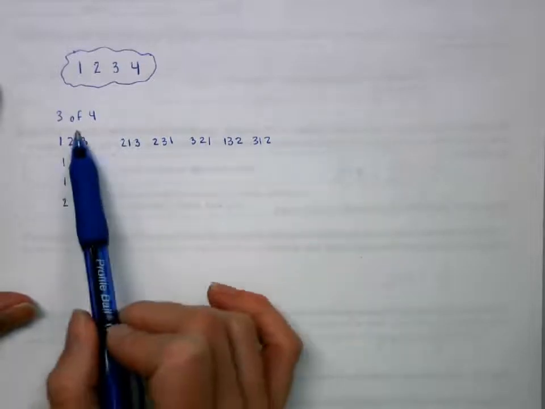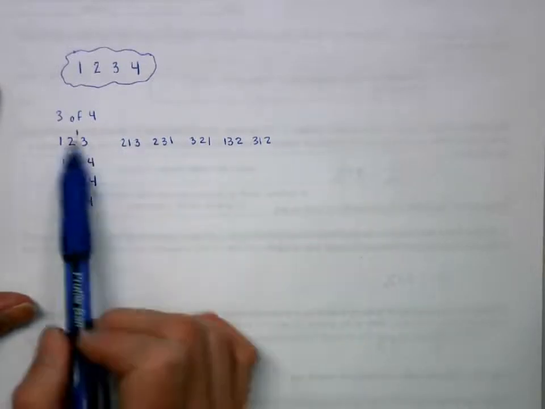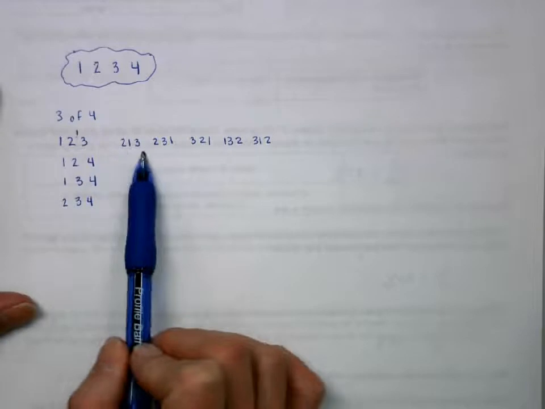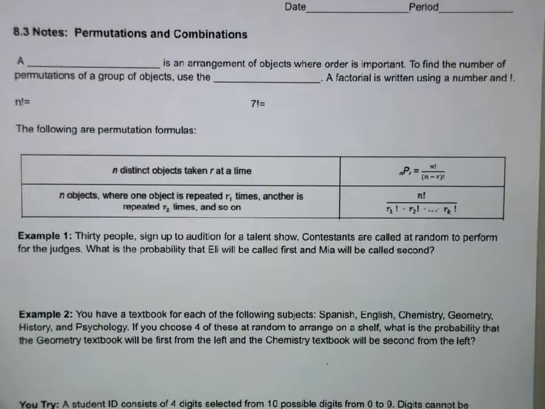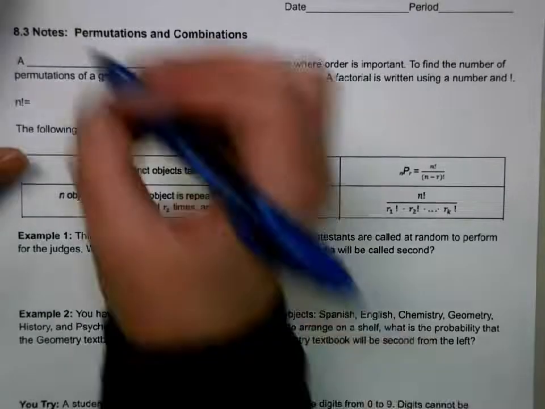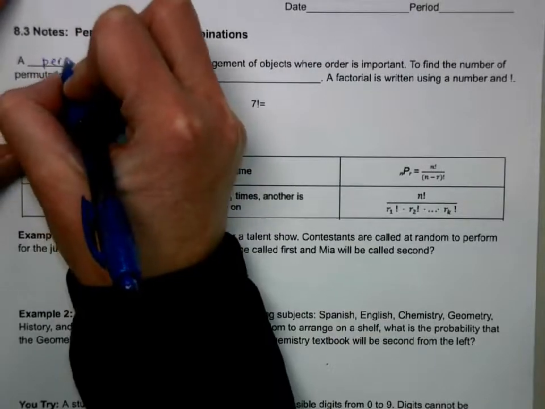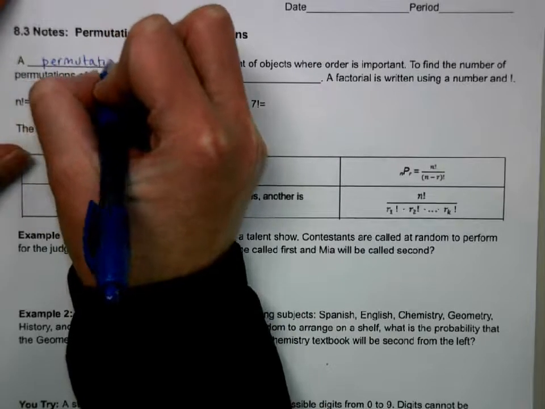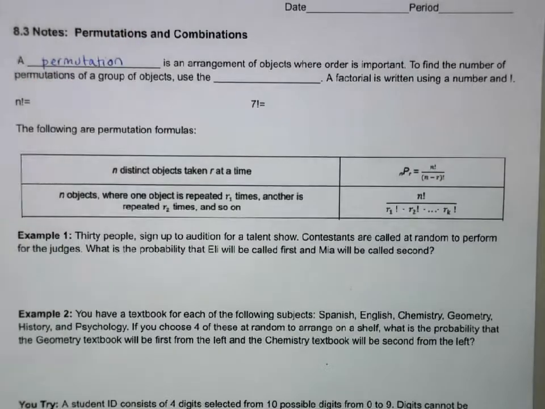So combinations, there was just 4, but permutations, where this counts different than this, those are permutations. So a permutation is the arrangement of objects where order is important, where order matters.